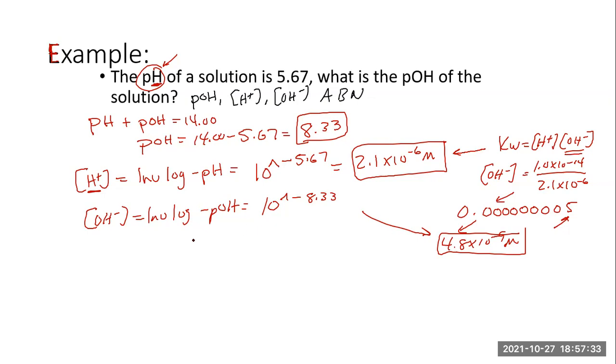Now we do want to determine, is it acidic, basic, or neutral? Again, it is the pH we want to look at, pH being 5.67, which means it's less than 7, which means it is acidic in this case.